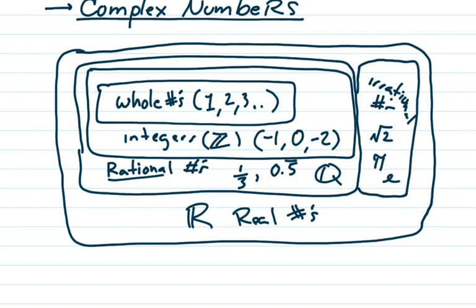So we have our whole numbers, our integers, our rational numbers, and our irrational numbers, they're all real numbers. And there's something beyond that. There's something that encompasses them and also our imaginary math constants. So those are called complex numbers. So all of these numbers, irrational numbers, whole numbers, integers, and what we're about to go into now are complex numbers.